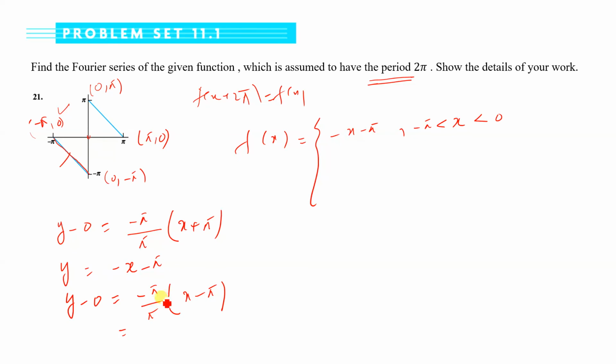So this is minus 1, so minus x plus pi. So this is minus x plus pi when x lies between 0 and pi. So this is the value of f(x), and again you can find the coefficients a0, an and bn with the help of this definition of the function, and you can also find the series. So we have to use this function. So again, do it yourself.